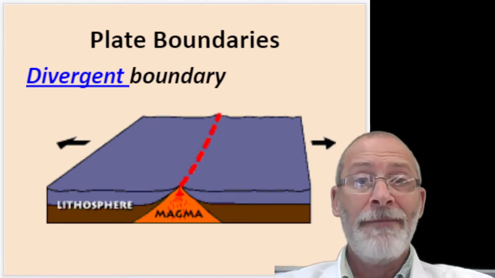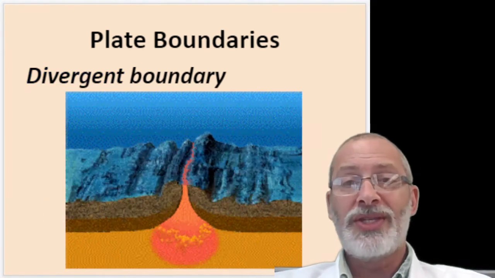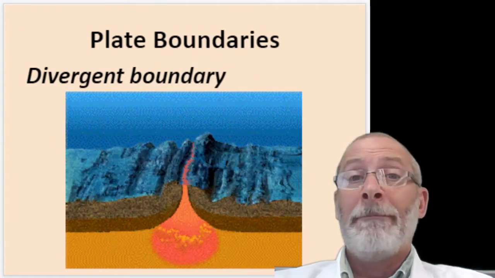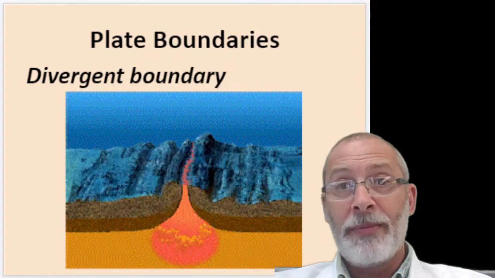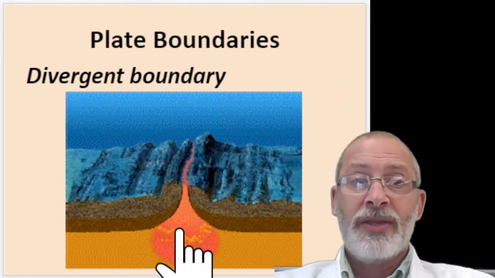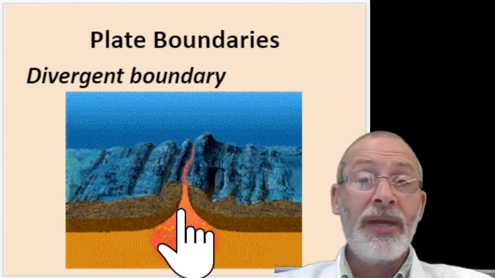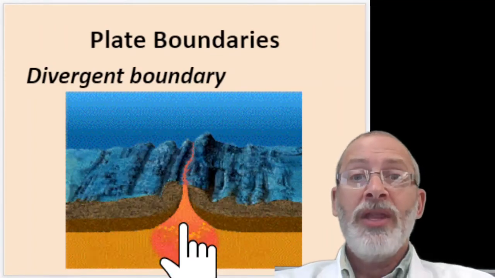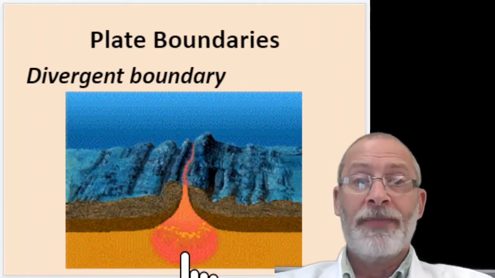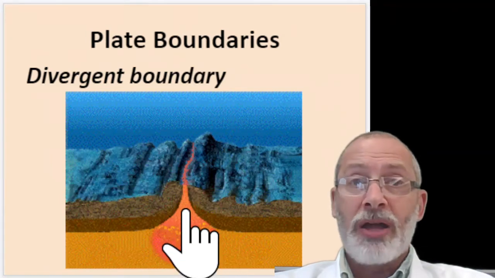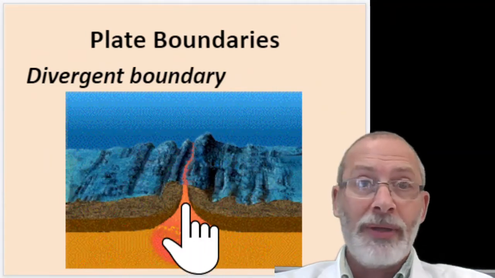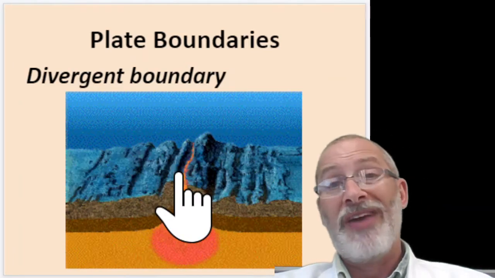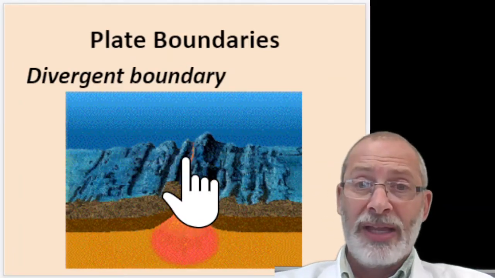That is key in divergent boundaries, because this is what is happening, for instance, in the mid-ocean ridge that we mentioned yesterday. Imagine this is the middle of the Atlantic Ocean, known as the mid-ocean ridge. This is what is actually happening. There is molten rock material bubbling up in the middle of the ocean. There are lots of volcanoes and hydrothermal vents at the bottom of the Atlantic Ocean.